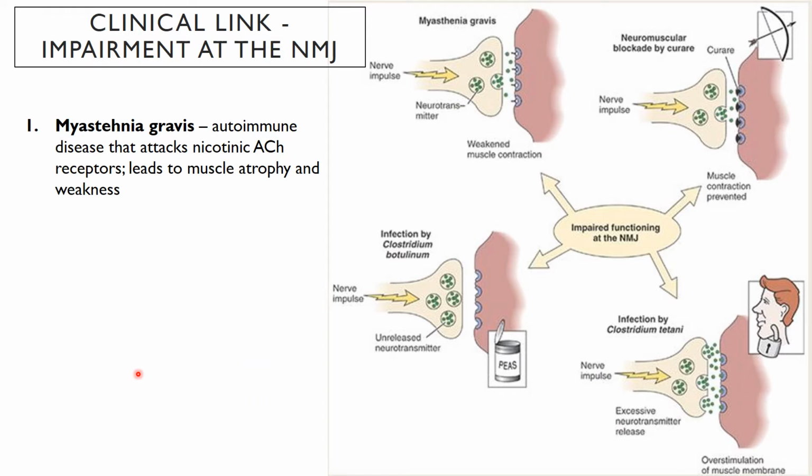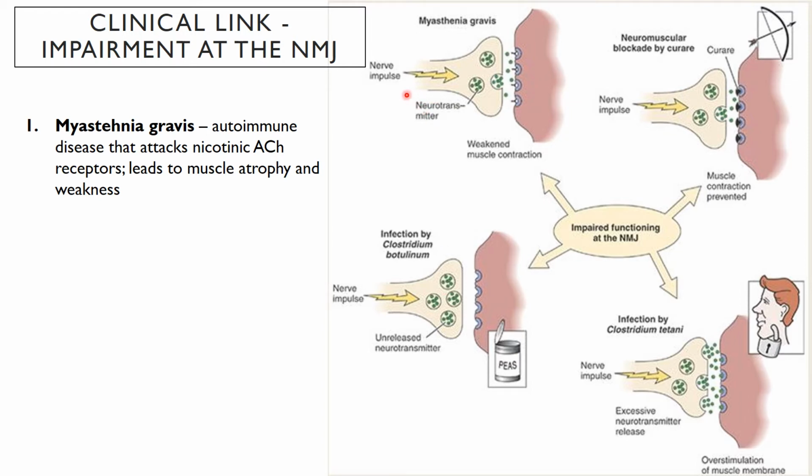There are all kinds of problems that can happen at the neuromuscular junction that are related to various conditions and diseases. So there's an autoimmune disease referred to as myasthenia gravis. This is a disease where the immune system attacks the nicotinic acetylcholine receptors that are in the motor end plate. So these receptors are being damaged and they don't work very well.